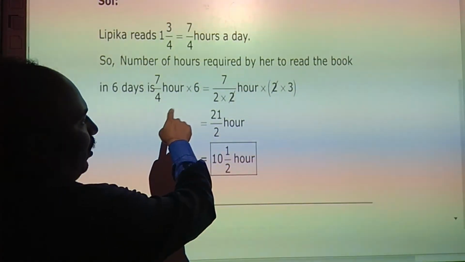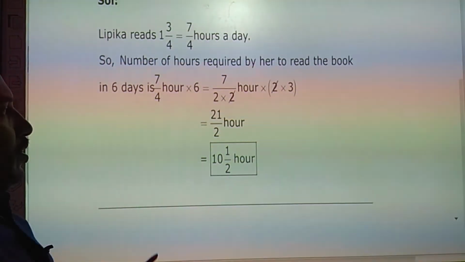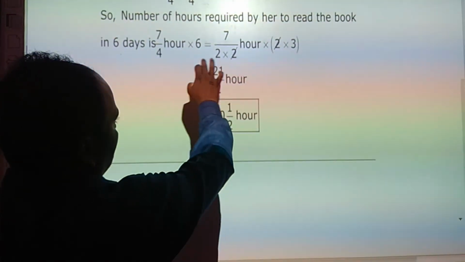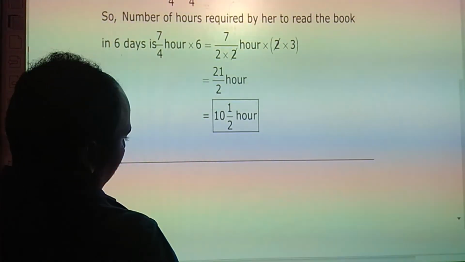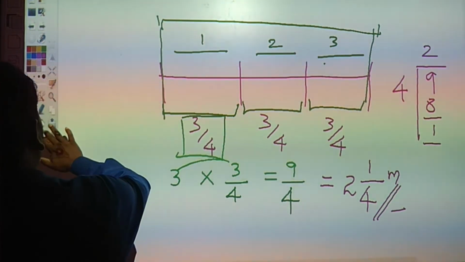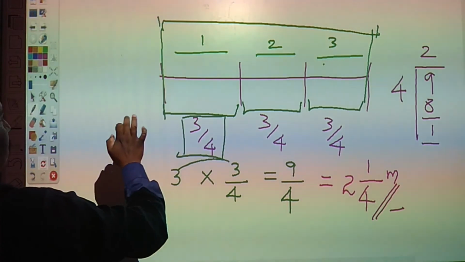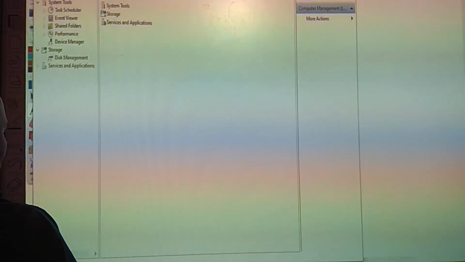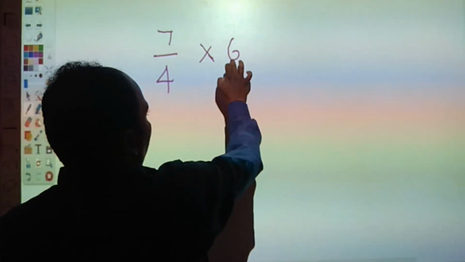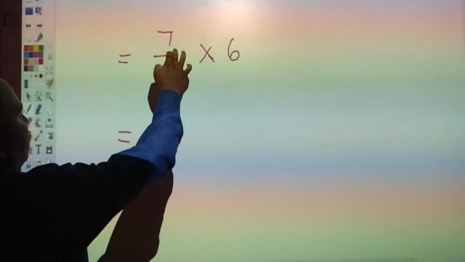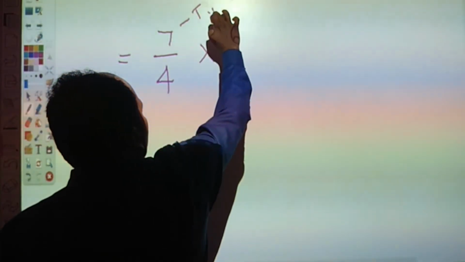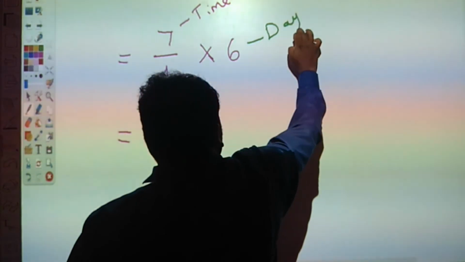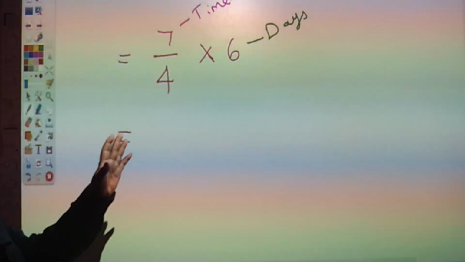So 7 by 4 into 6. 7 by 4 is the time and 6 is the days.